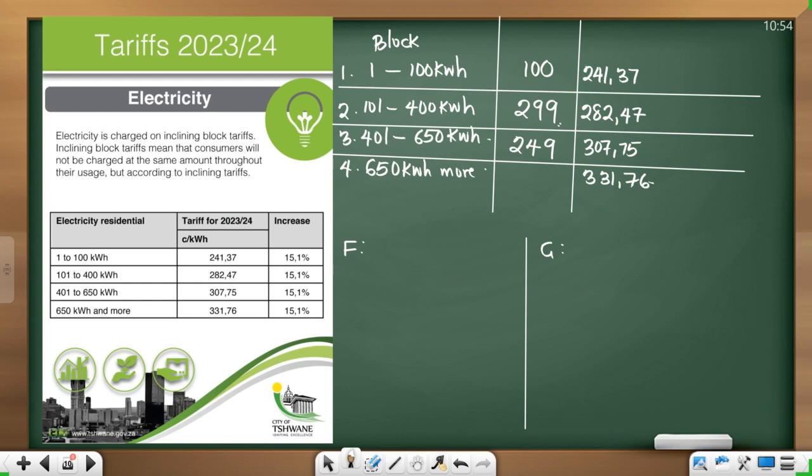Family F uses 480. And family G uses, let's see, 637. Just break it down into blocks quickly. Once we get the breaking down into blocks, then it's easier.